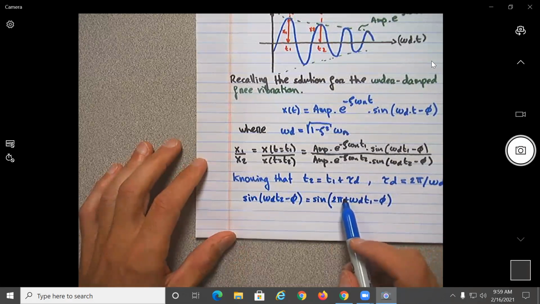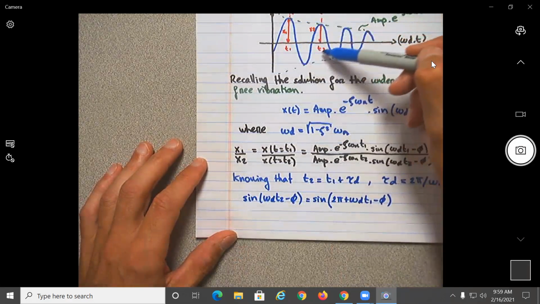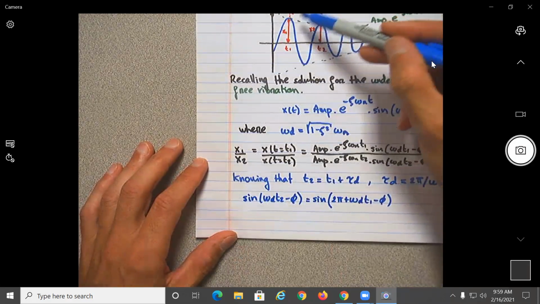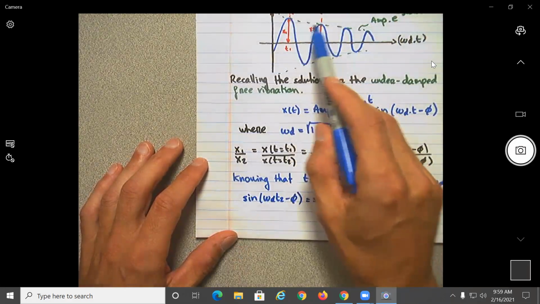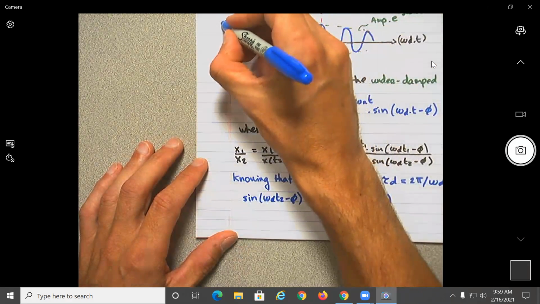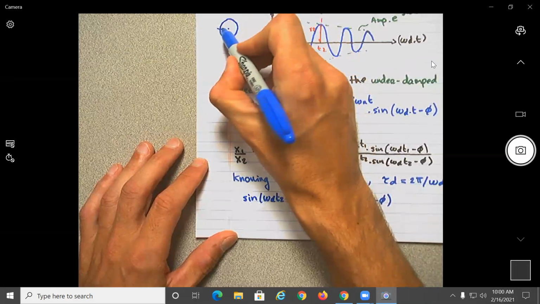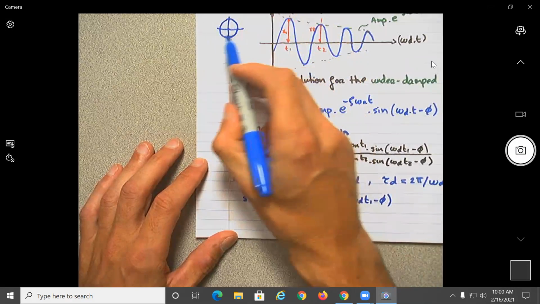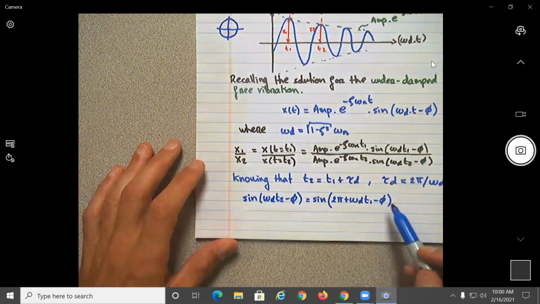Why am I putting 2 pi? Because 2 pi represents once you go 1 period around the circle, no? Yeah, 360 degrees. And remember, when you go from this point to this point, it means that you go once around the circle. So t2 will be here, you go once around the circle, you end up over here.